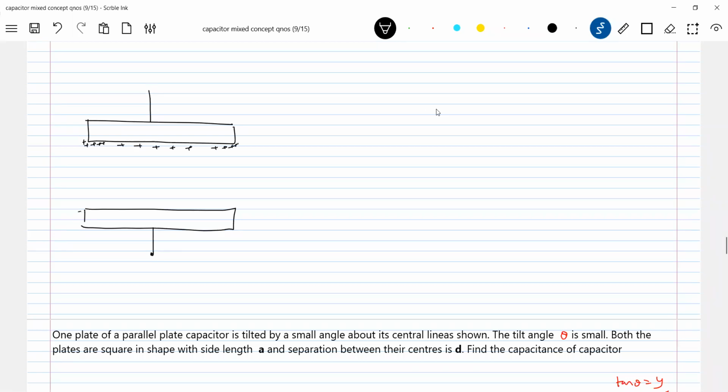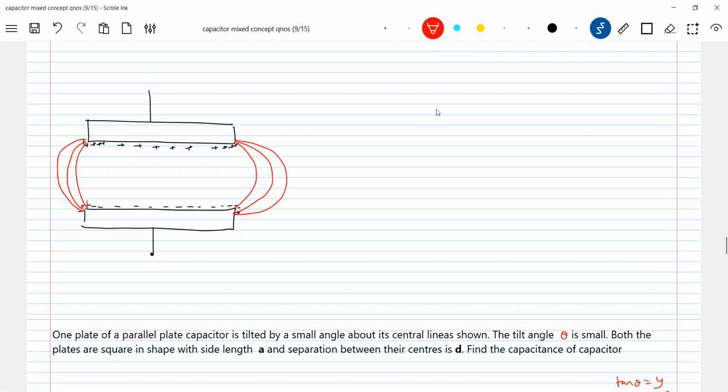It will be uniform somewhere in the middle and crowded at the edges. So the lines of force will spill out of the capacitor. This is called the fringing effect.